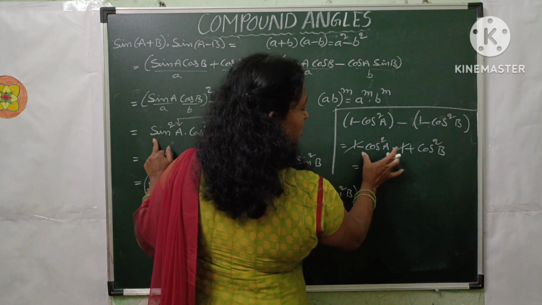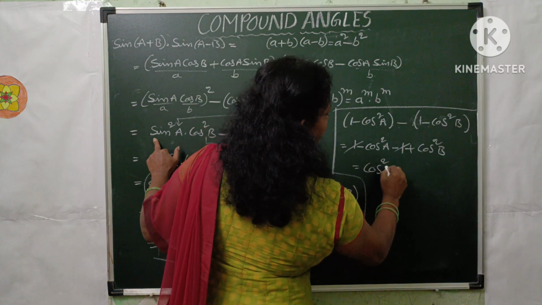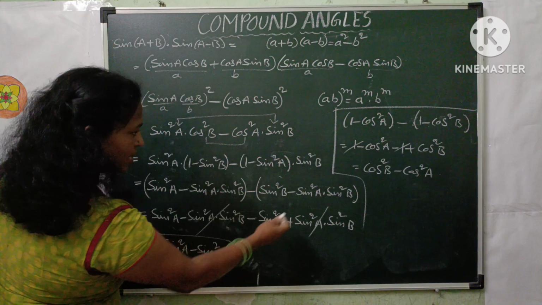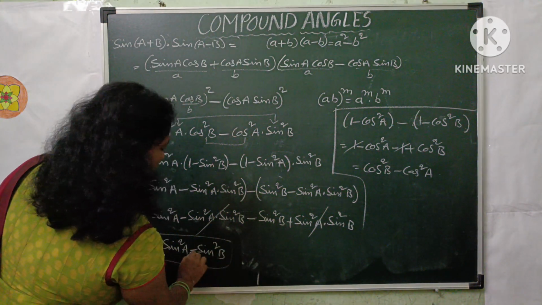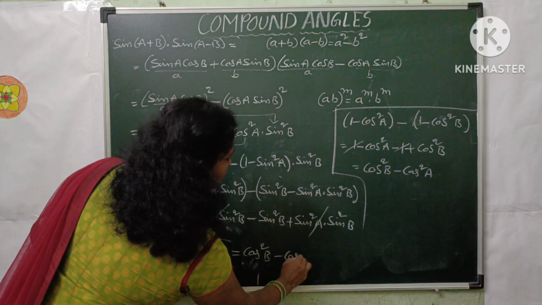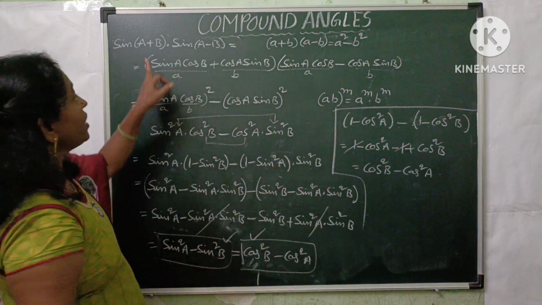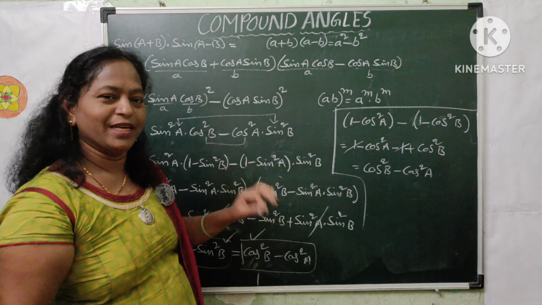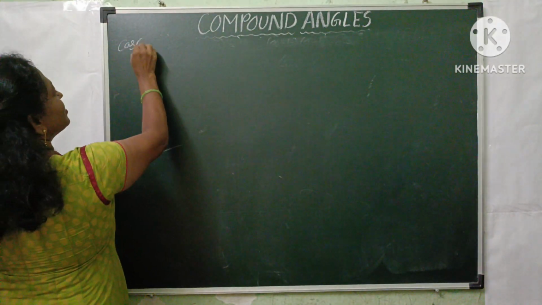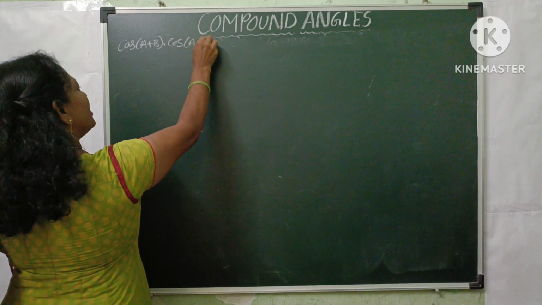Here minus cos square a plus cos square b, plus term we write first. So cos square b minus cos square a. So sin square a minus sin square b equals cos square b minus cos square a. These are the two formulas for sin(a plus b) into sin(a minus b). Next one, cos(a plus b) into cos(a minus b).